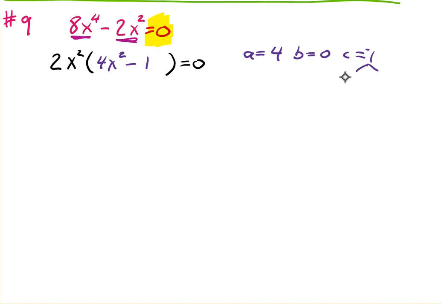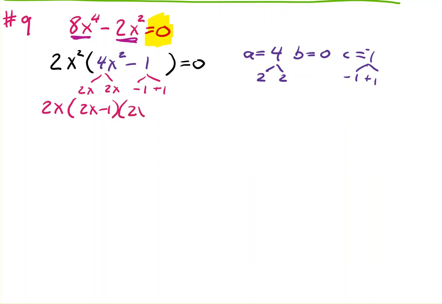So this is going to be negative 1, positive 1, and this is going to be 2 times 2. So we factor this out into 2x, and this one into negative 1, positive 1. Now we bring everything down and we say 2x, parentheses 2x minus 1, parentheses 2x plus 1, all equals 0.